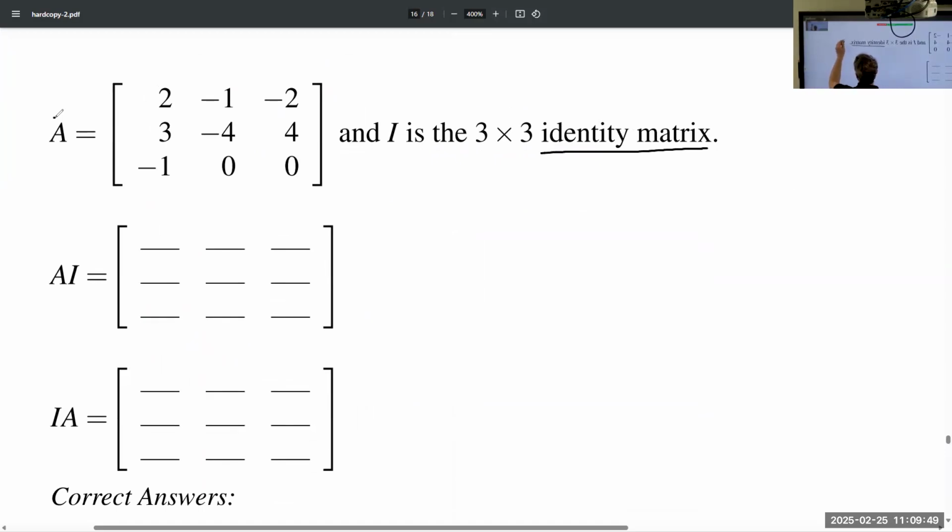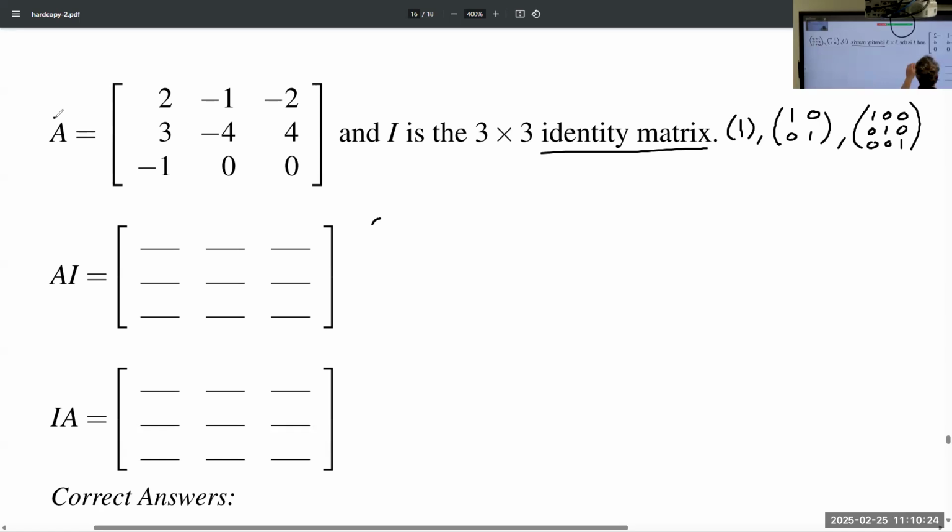The identity matrix is either just the number 1, or if it's 2 by 2, it always has a diagonal of 1s. Everything else is zeros. It acts just like the number 1 does in our normal one-dimensional numbers. Okay, so in this case, it wants me to multiply the A by the identity matrix.